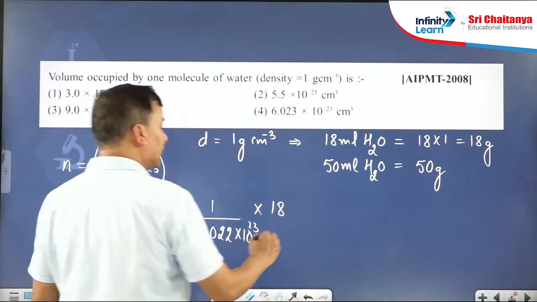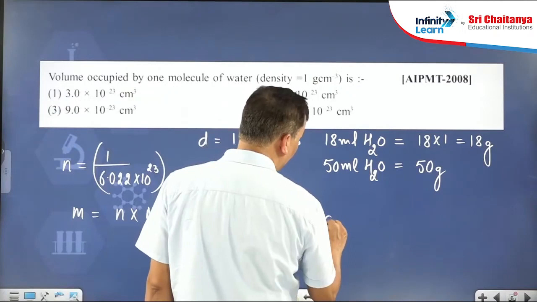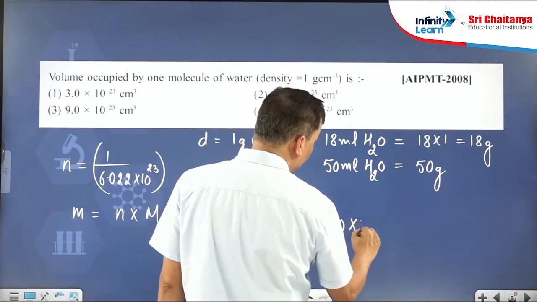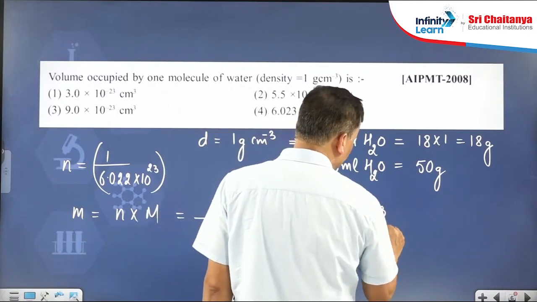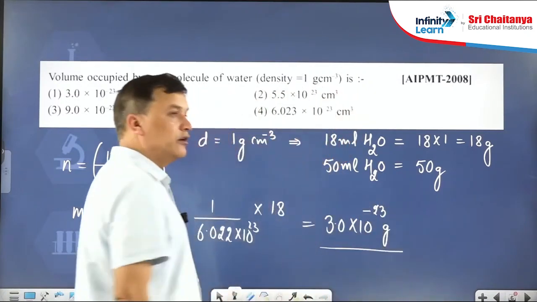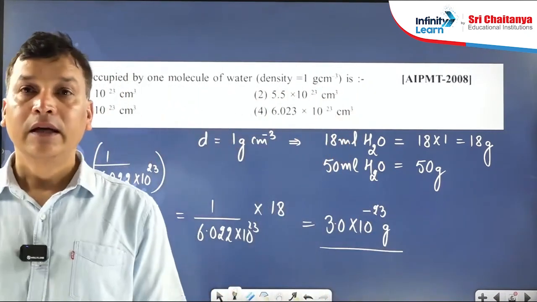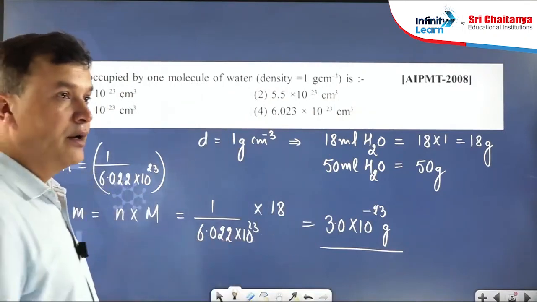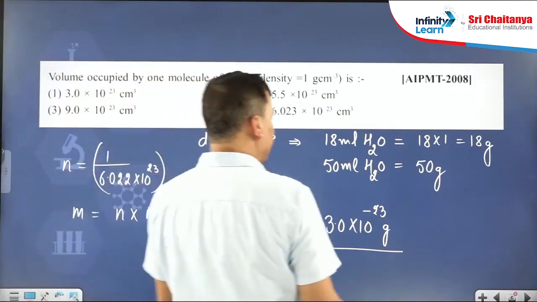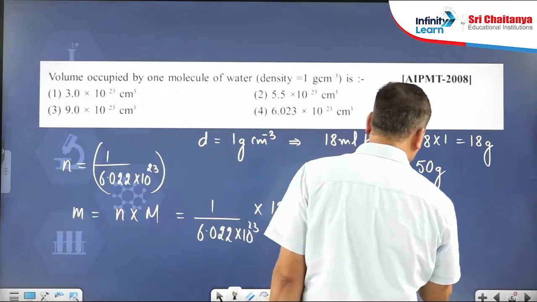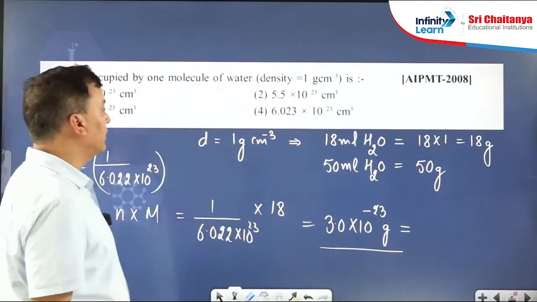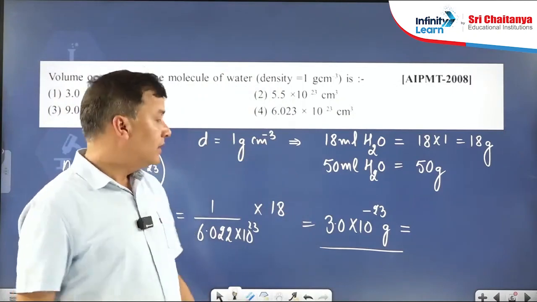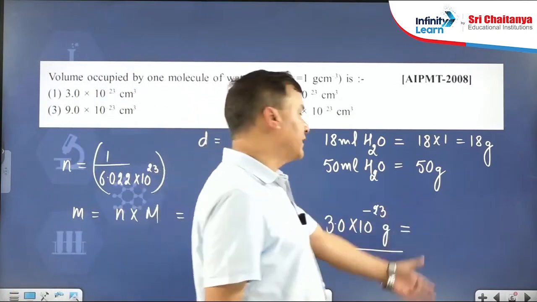So dear friend, that is approximately equal to 3.0 into 10 raised to power minus 23 grams. Now, respond yes or no. This is the mass of water. Okay? Dear student, now I told you I have written here if the density of the water is taken as 1 gram per centimeter cube, then mass is equal to its volume.